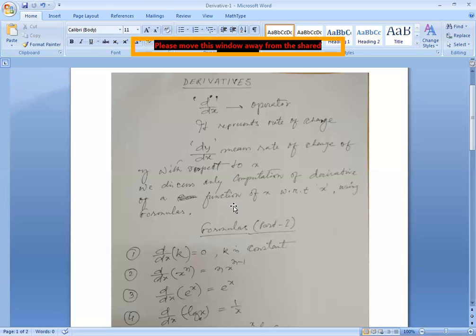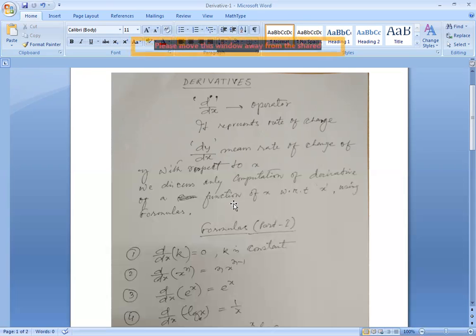Using formulas directly, we can find the derivative or differentiation of functions with respect to the variable concerned. The definition, which is the concept of limit, is not considered here in our discussion.